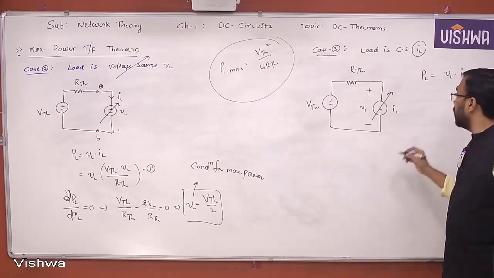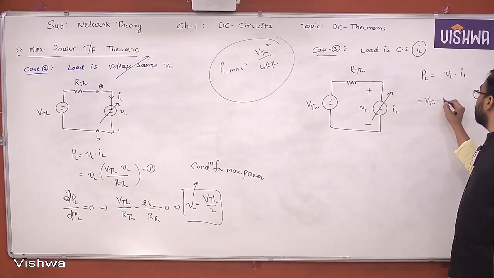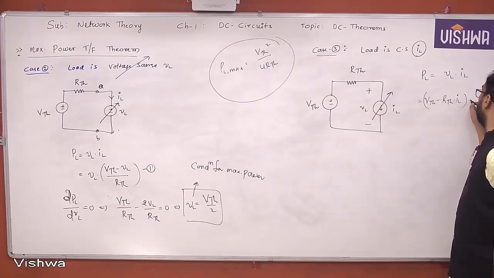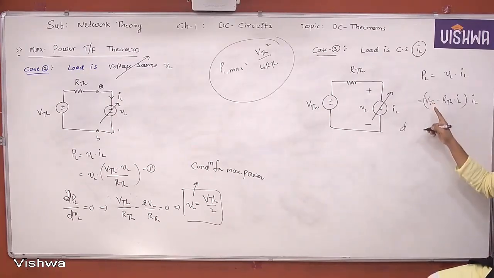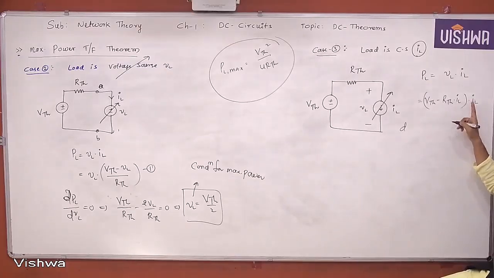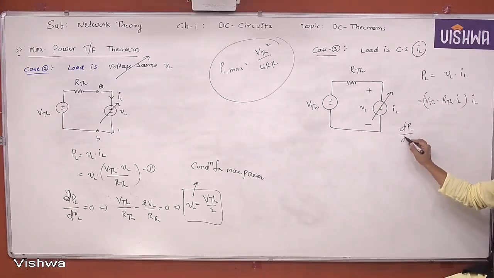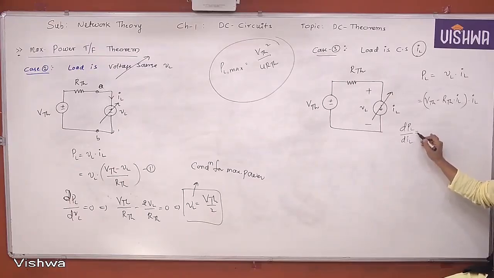So what does that tell me? VL is nothing but VTH minus RTH into IL. Now see, this entire equation is in terms of VTH constant, RTH constant, and IL, only one variable. So let me take dPL by dIL equal to 0.